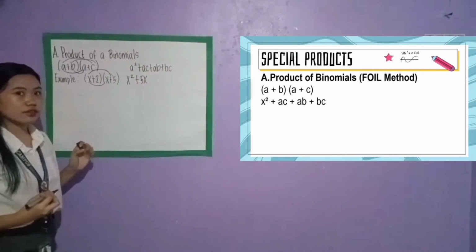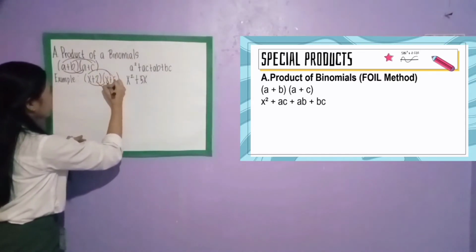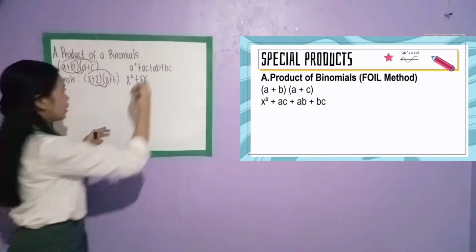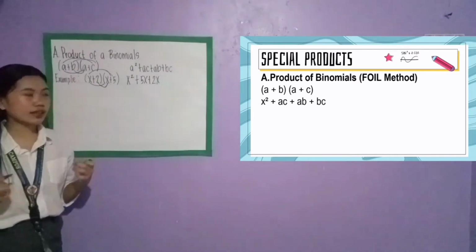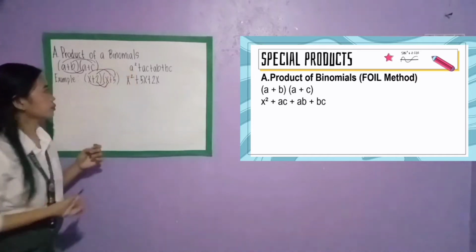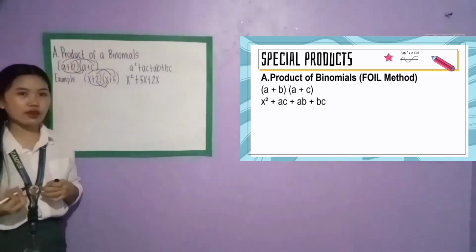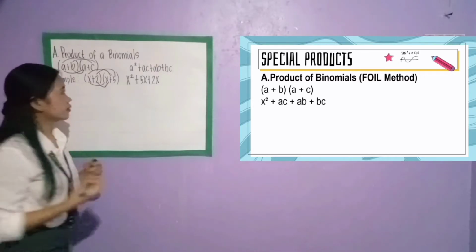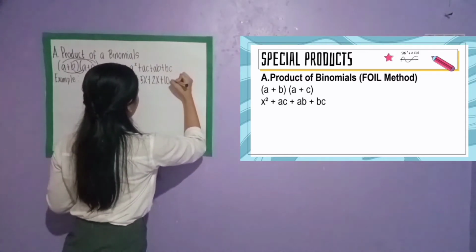And the third step is to get the inner term. So 2 times x is equal to 2x. And finally, the last term. We will get the product of 2 and 5. So, what is the product of 2 and 5? Okay, very good. It is 10.